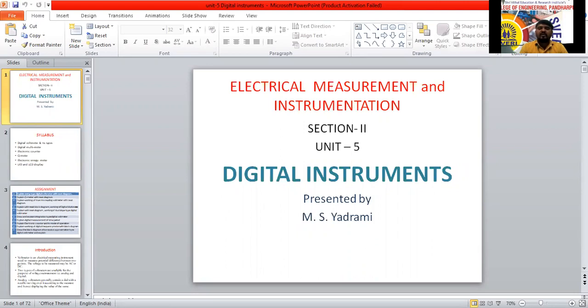Seventh one: draw and explain integration type digital voltmeter.